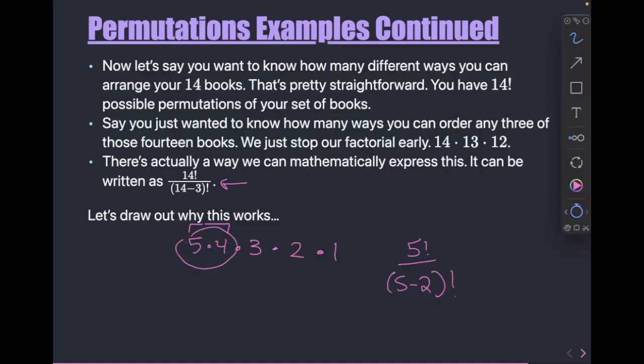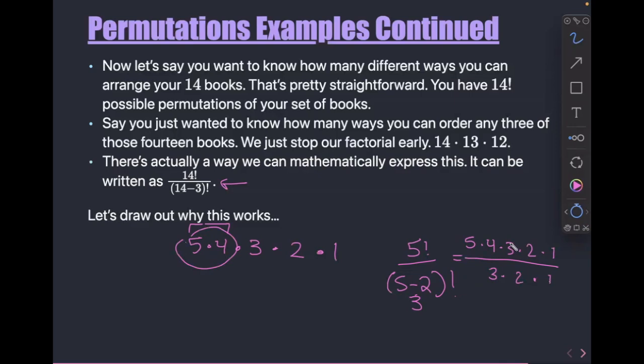If I break this down, I can separate this out using how my factorial works. So 5 factorial is 5 times 4 times 3 times 2 times 1. And 5 minus 2 is 3, so 3 factorial is 3 times 2 times 1.